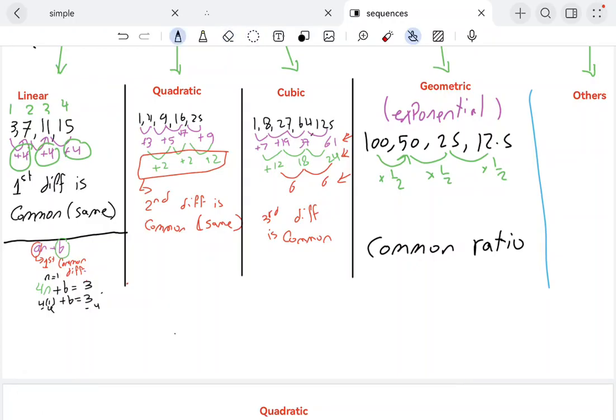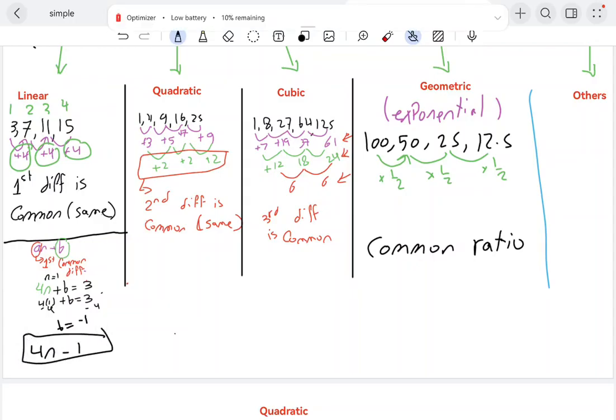So I know now that b equals negative 1. So it will be 4n minus 1. That's the nth term. So again, a is the first common difference, which is 4. And b is the adjustment. How adjustment? I know that the nth term should have 4n.